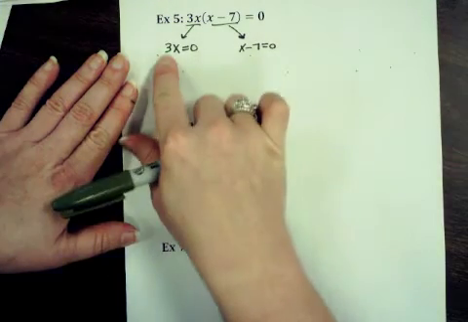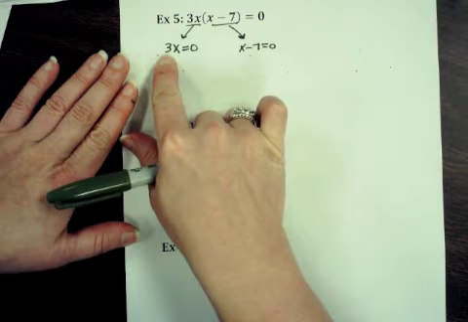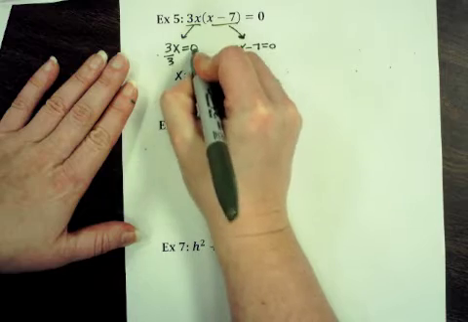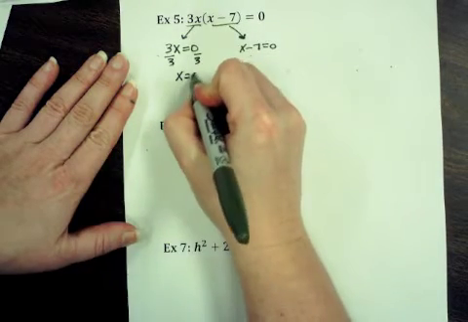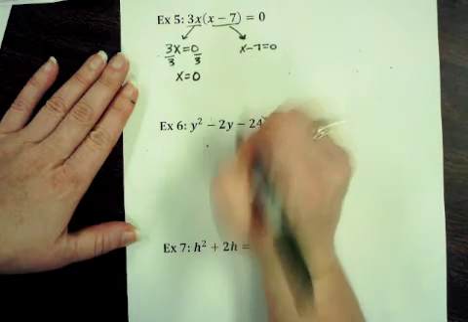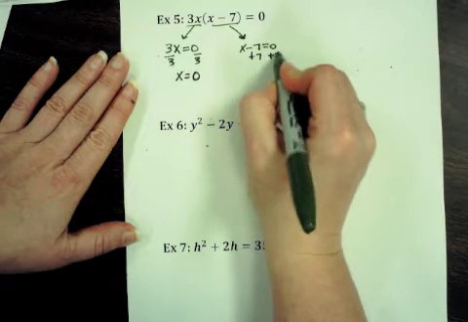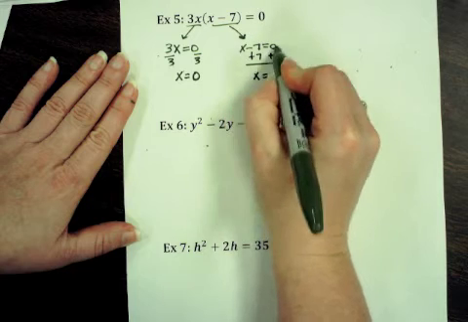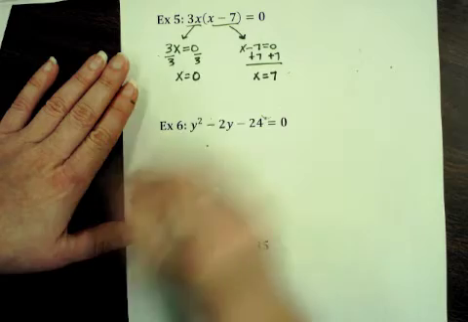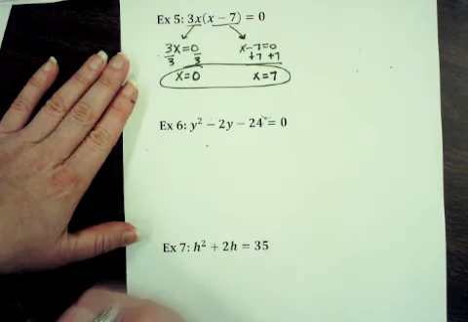So how do I get x by itself? Divide by 3. So what is 0 divided by 3? So x equals 0. How do I get x by itself? I add 7. So x equals, what's 0 plus 7? 7. So my two answers are 0 and 7.